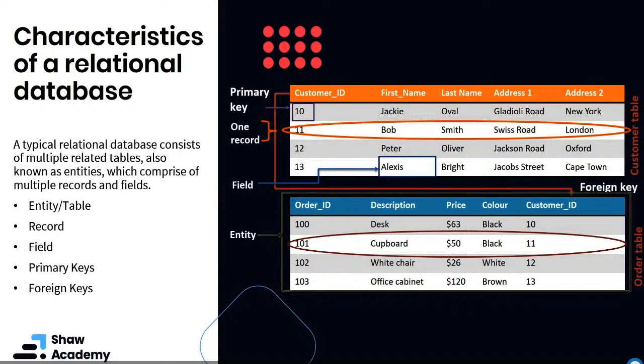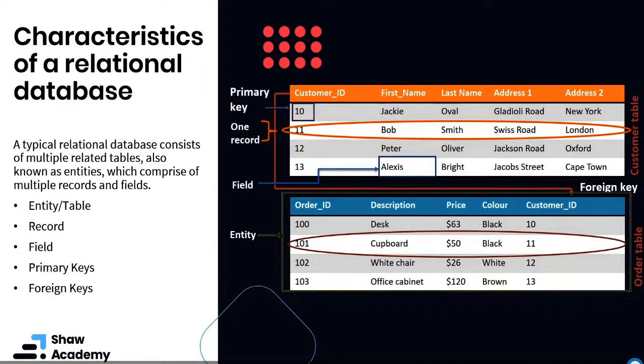Okay, and then last we have this thing called an entity, which we refer to as an entire table. An entity is the item that you want to capture information on. In this case, we have an order table and a customer table. In these two tables, the information that we are capturing on each entity is things like customer ID, first name, last name, and so on.